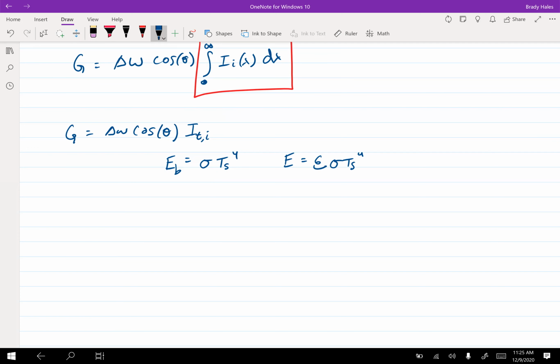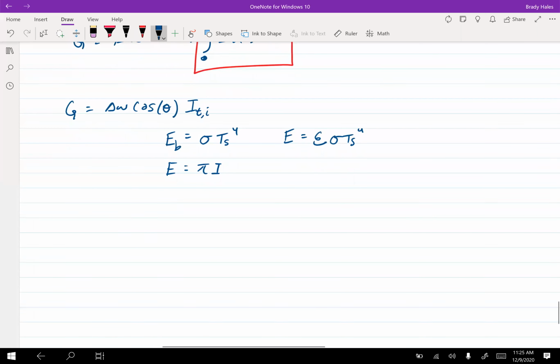Now, there's also another equation in the book where we say the emissive power is equal to pi I for a diffuse surface.